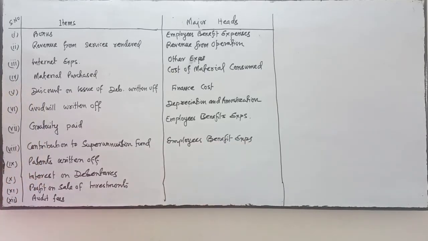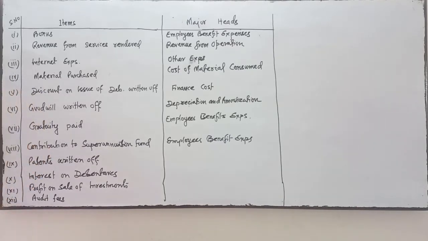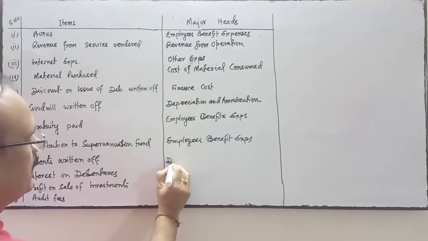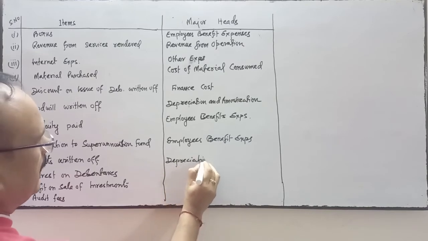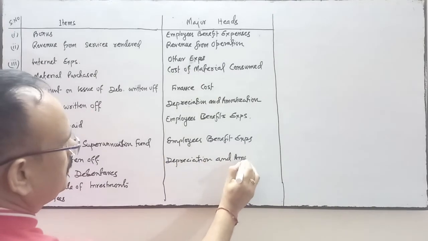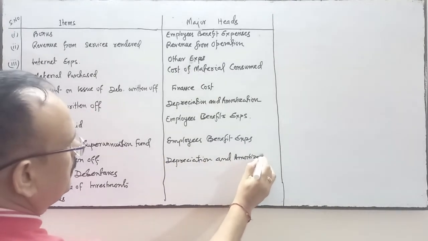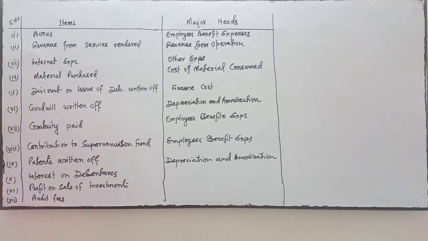Contribution to superannuation fund also comes under employee benefit expenses, whether it is superannuation fund, employee provident fund or gratuity, whatever it may be. Patents written off comes under depreciation and amortization.